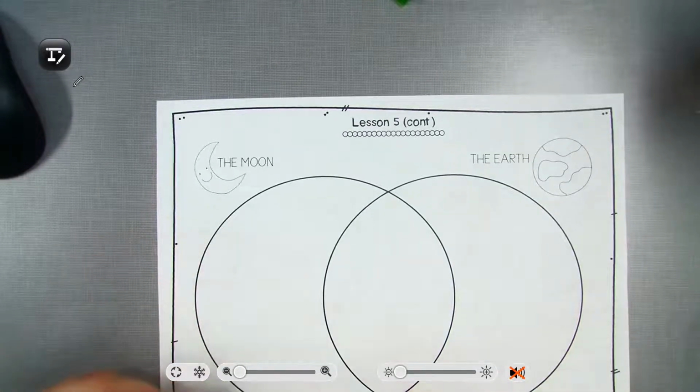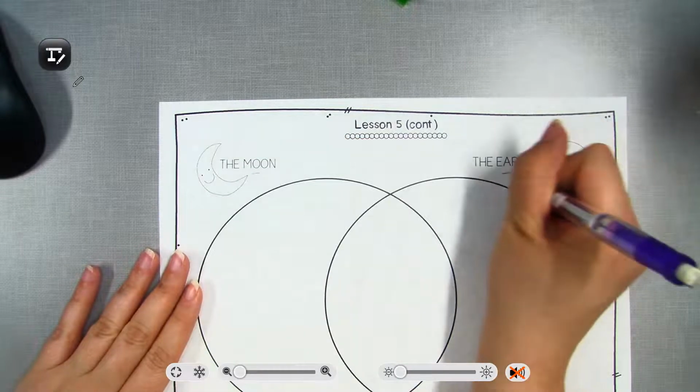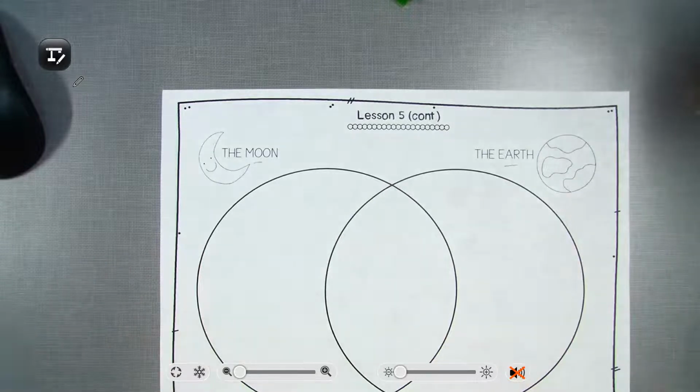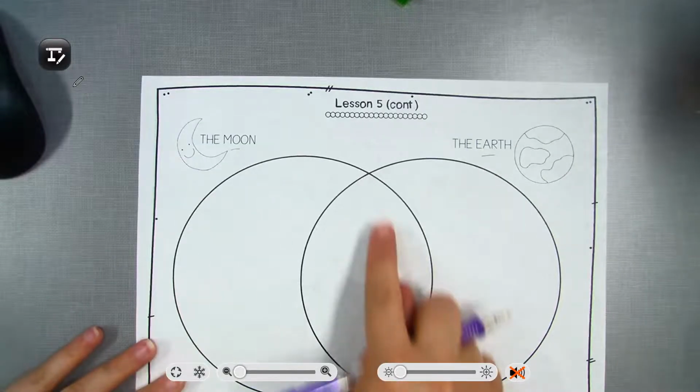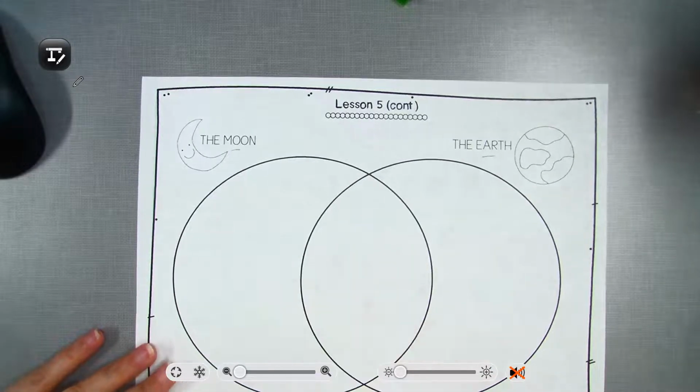So we've talked about the moon, we've talked about the earth, and we've talked about the sun. So the moon and the earth, we are going to compare those. Okay, and I'm going to kind of help you get started. So in the middle is things that both the moon and the earth have.